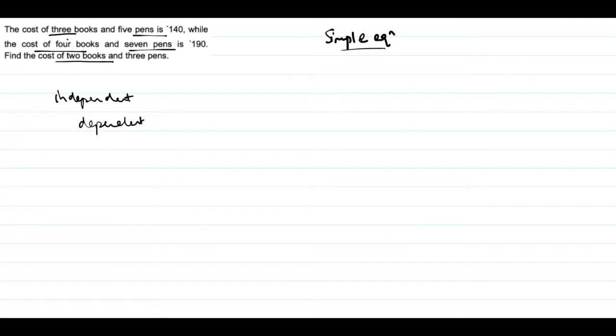Here you can see that the cost of 3 books plus 5 pens is 140. What are B and P here? B is the cost of one book and P is the cost of one pen. If one book costs 10 rupees, what will be the cost of 5 books?